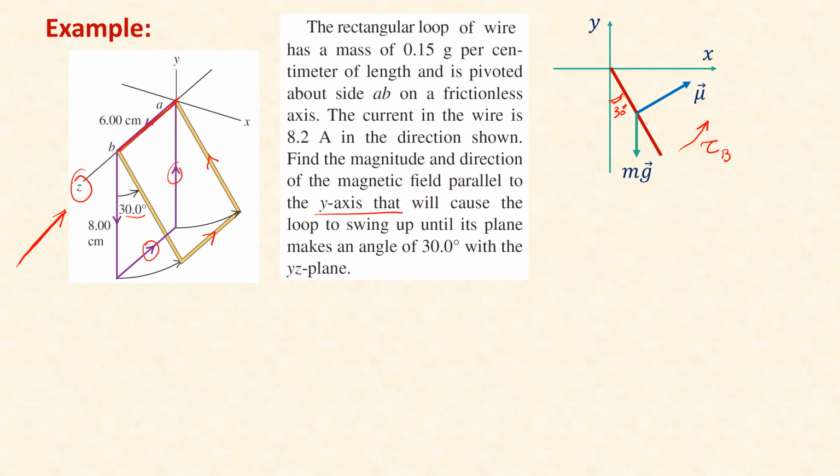And the torque of gravity is in the negative z direction, so they can cancel each other. All right. So which direction of magnetic field creates the torque in that direction? Again, you need to use torque equal to mu cross B to see which direction should be B, so that the torque is in the positive z direction. And this is mu.